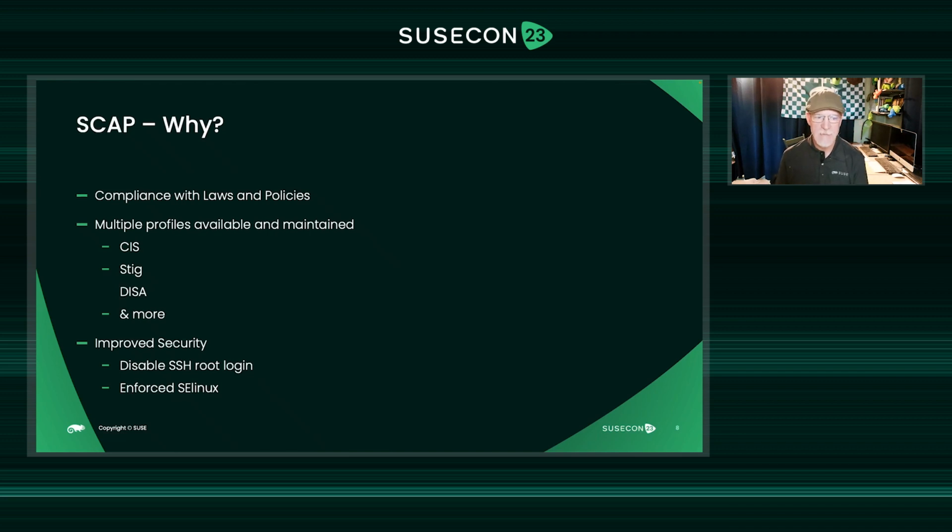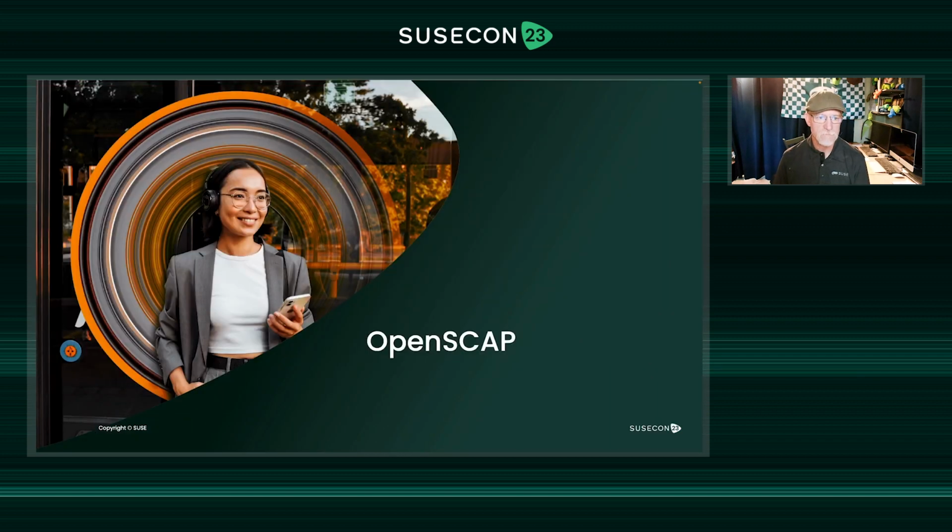For example, you might look for disabling SSH root access, enforcing an SELinux policy, or mandating a specific SSH banner when somebody logs in, or lots of other areas you want to check on your system. These are just some examples of what we can do with SCAP and the SCAP policies.